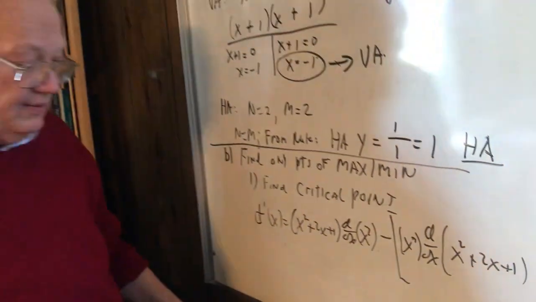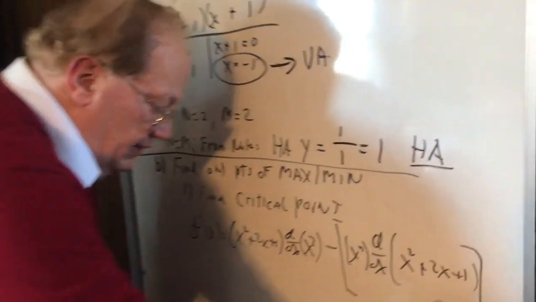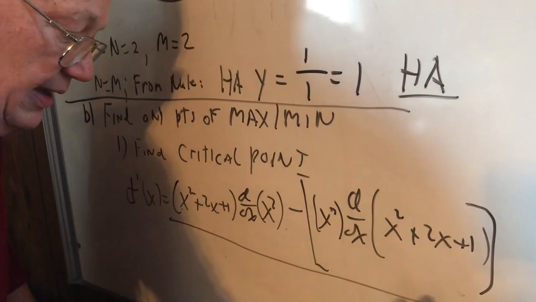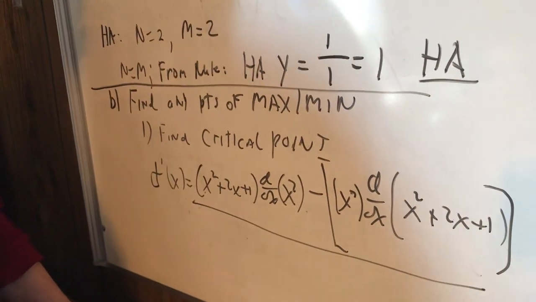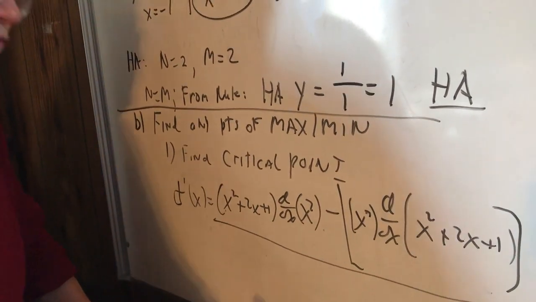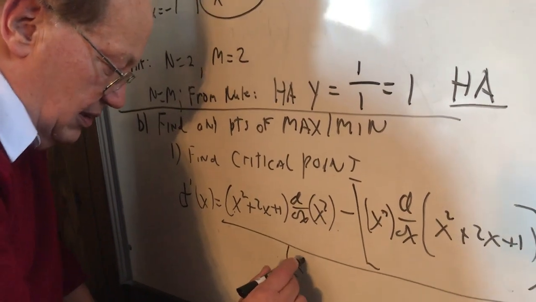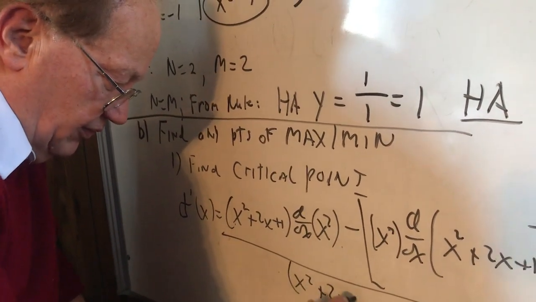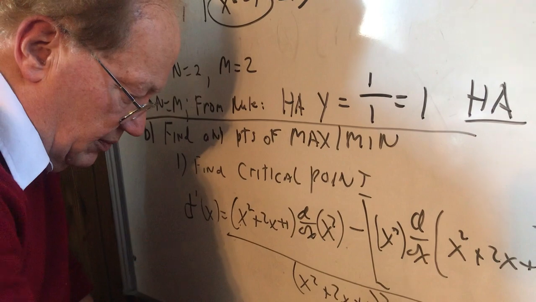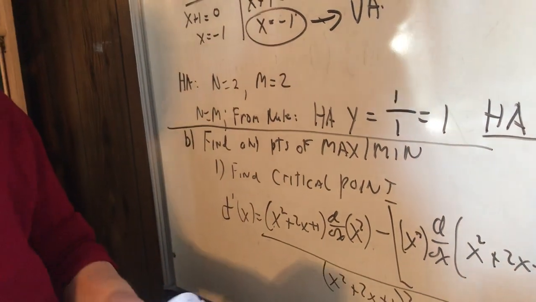And don't forget, which everybody does forget, close the bracket, to divide this by the bottom squared, which is going to be v squared, which is going to be x squared plus 2x plus 1 squared.